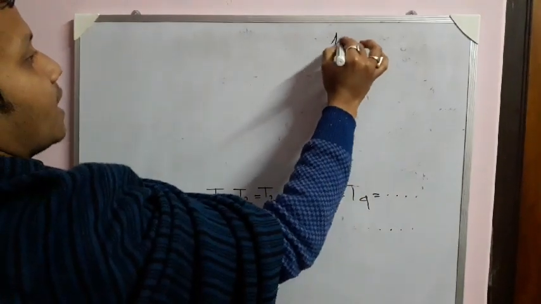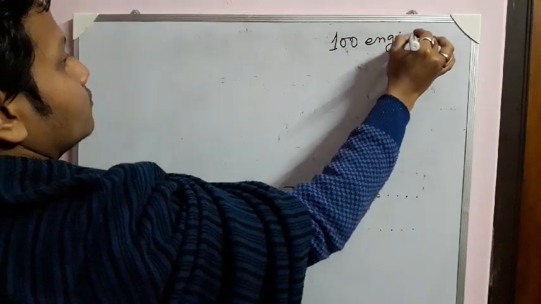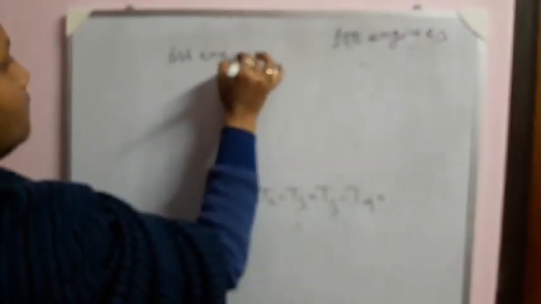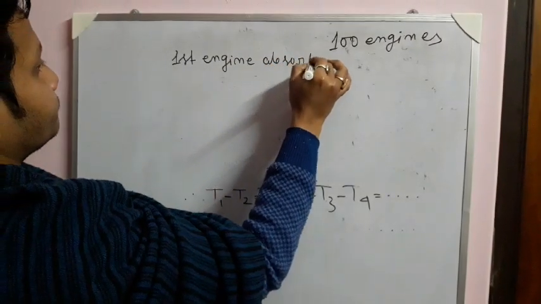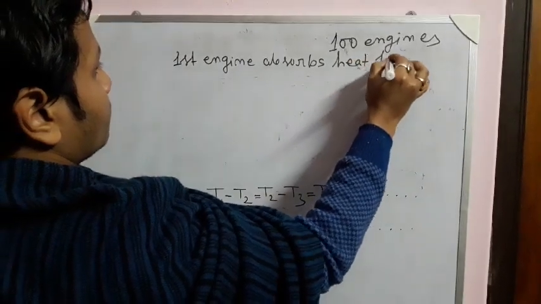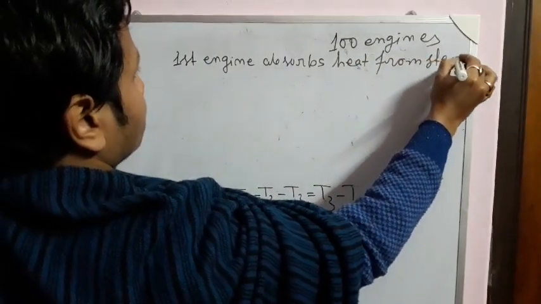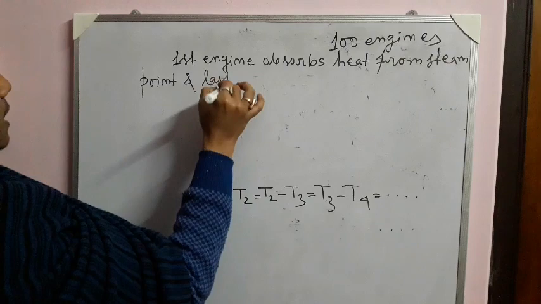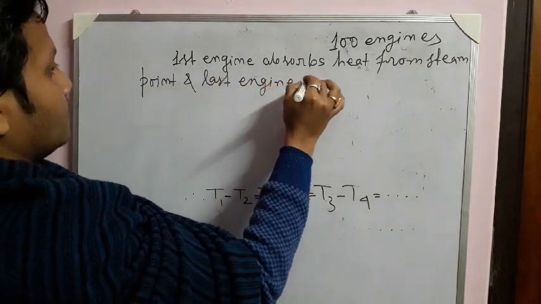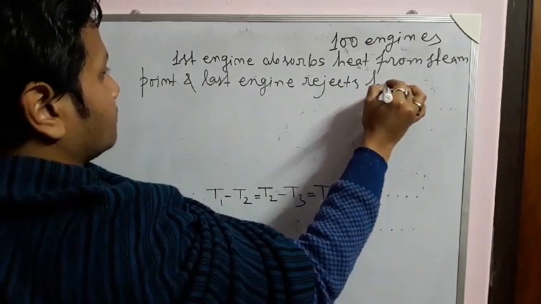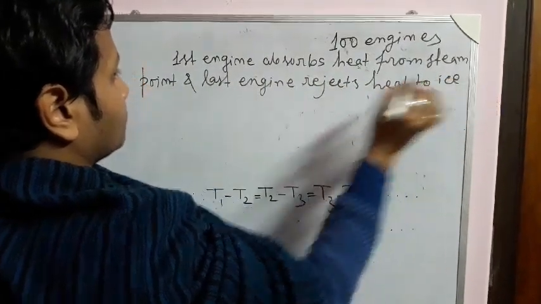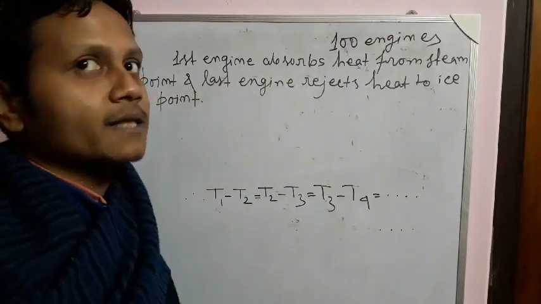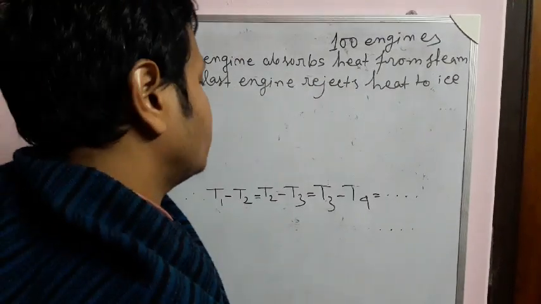If we consider 100 engines, the first engine absorbs heat from steam point and the last engine rejects heat to ice point, and in between these two points a particular engine absorbs that amount of heat which was rejected by the previous one.